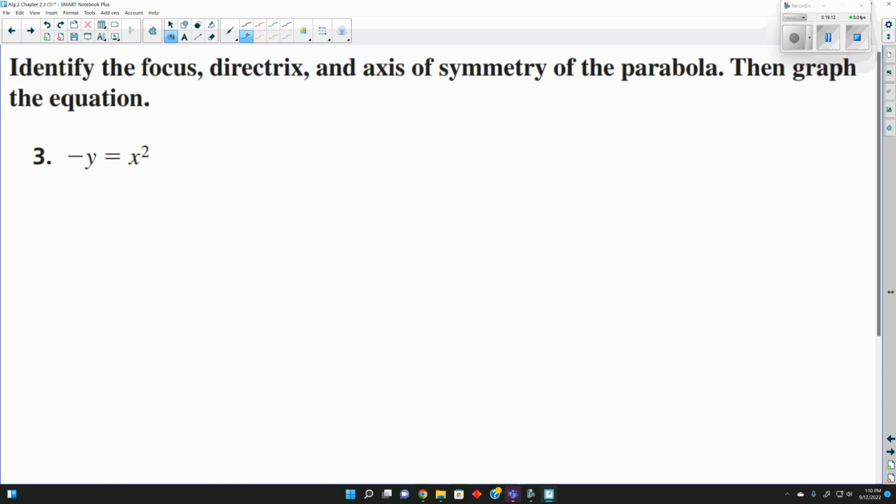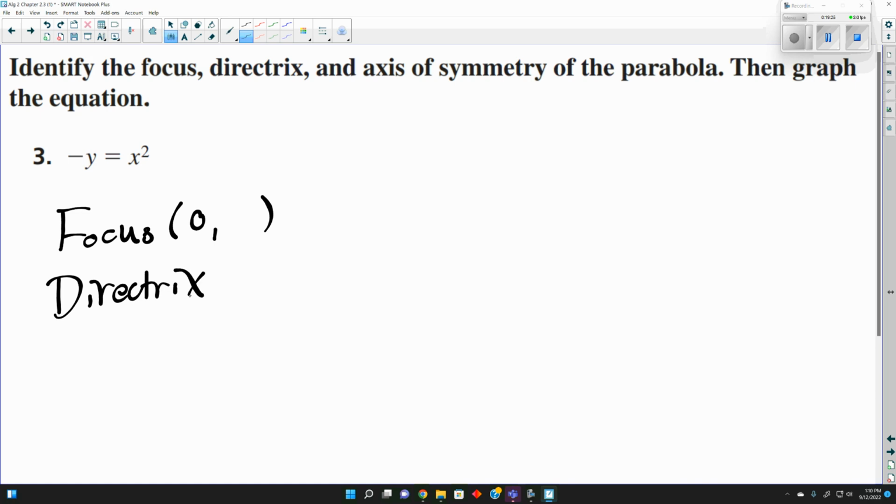Well, again, x is being squared, so our focus is going to be the point 0, comma p. Our directrix is going to be the equation y is equal to negative p. And our axis of symmetry is x is equal to 0.